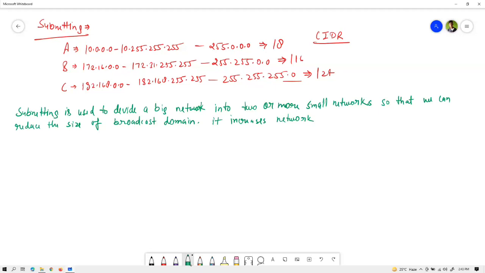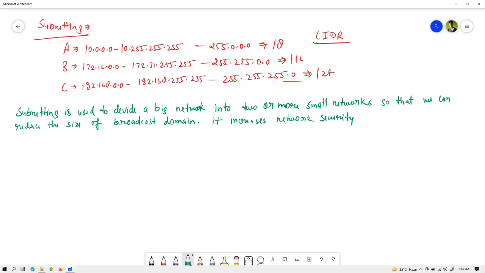Now within that broadcast domain, all the devices will be able to communicate with each other, which can present a security problem, right? So we can assign different network addresses to the endpoints connecting in different segments. Okay, so it increases network security because different network users will not be able to communicate with each other directly via the switch.